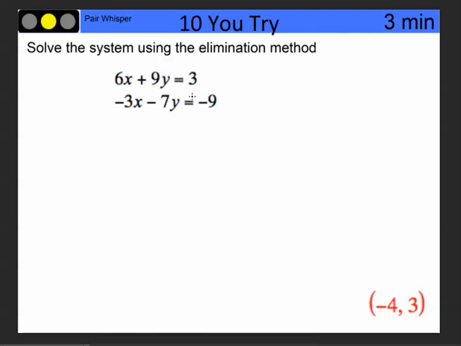I see a -3x down here, so I figure I'll just multiply this equation by 2, and that will give me -6x minus 14y equals -18. So I'm going to scribble out this equation now so that I don't get confused.